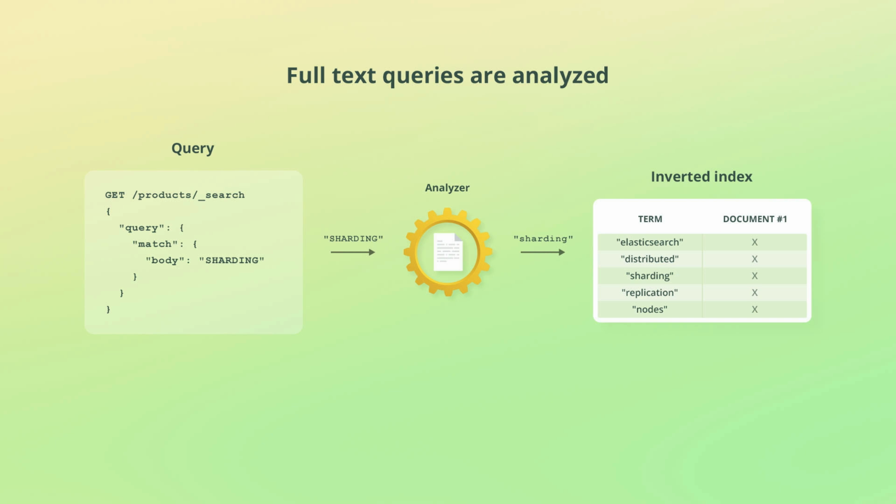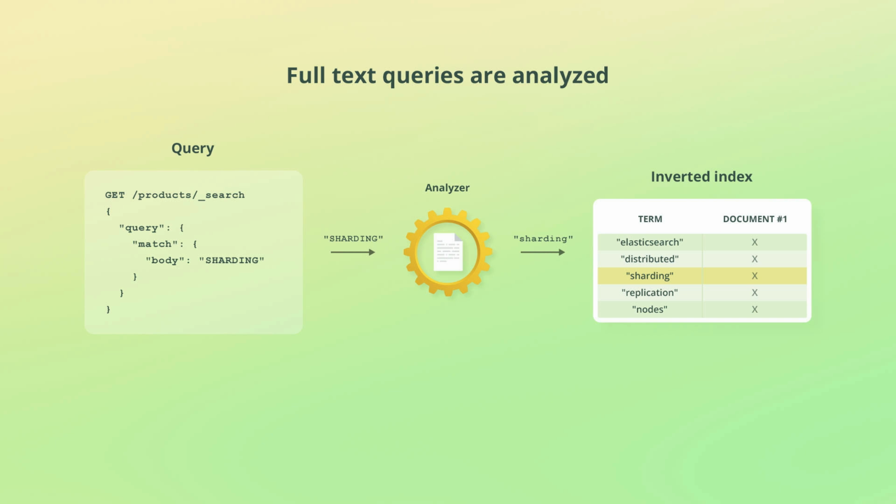If this were not the case, searching for the word sharding in all uppercase letters would not match anything, because all terms within the inverted index were lowercased. Since the term we're searching for is analyzed, it matches the format of the inverted index. This analysis process is key to making things such as synonyms work, for instance.